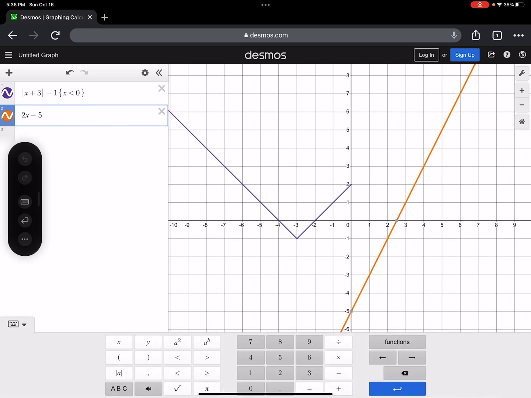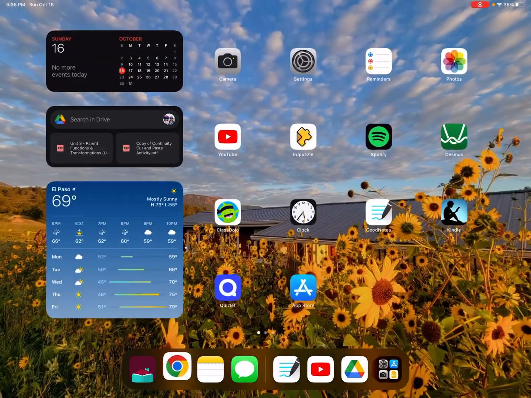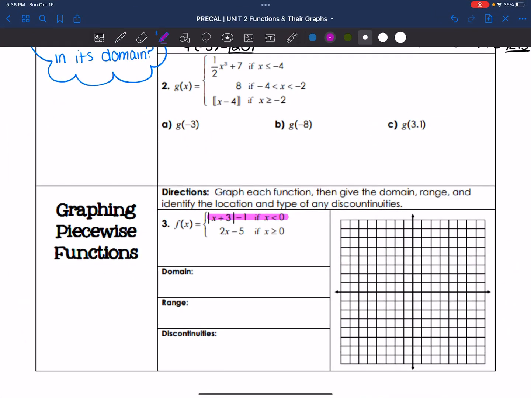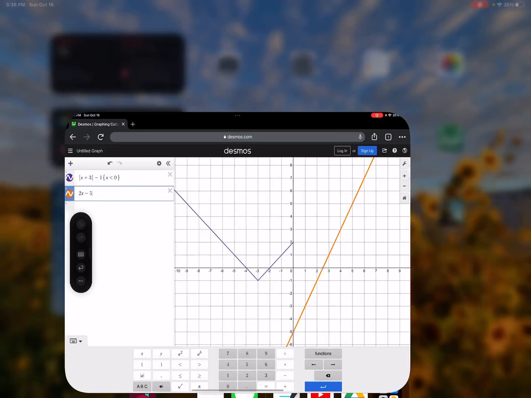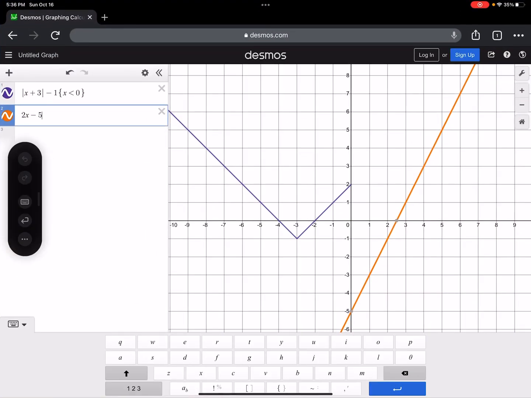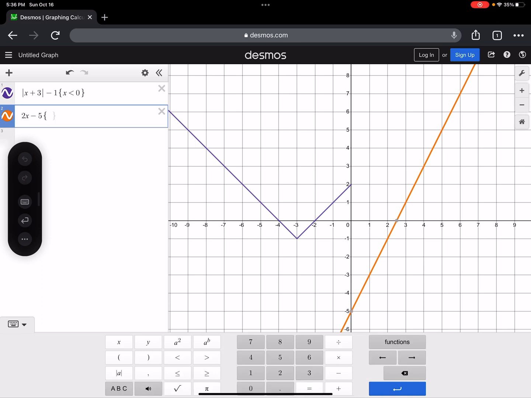Okay, and now if we look back, this orange graph is when x values are greater than or equal to 0. So let's specify that. We want in the set, so click ABC, go to the set brackets, and we want x is greater than or equal to 0. And so there you have it.